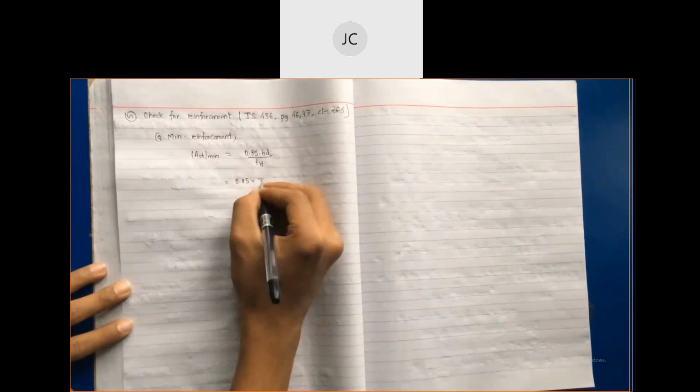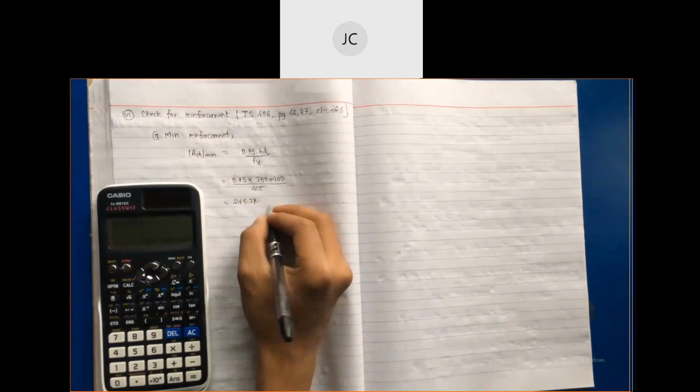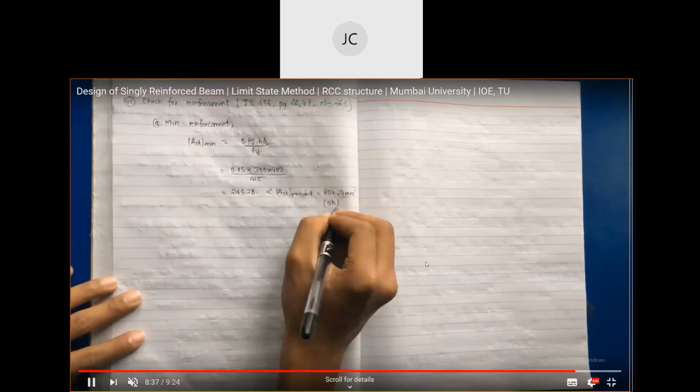AST minimum equals 0.85 BD by Fy. Let's see how much minimum reinforcement was there. The minimum reinforcement required was 245.78 and we are providing around 824. That means our calculation is correct.